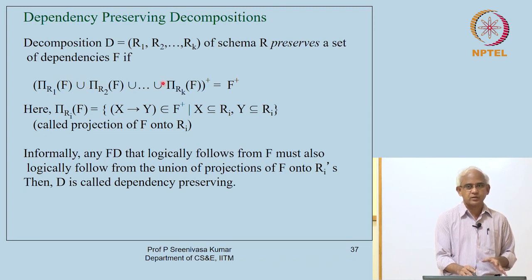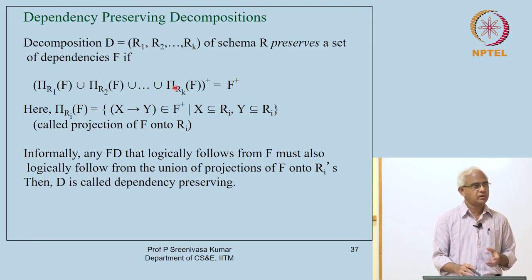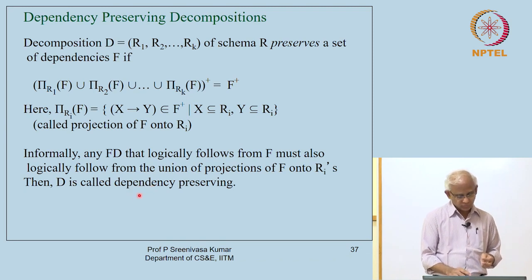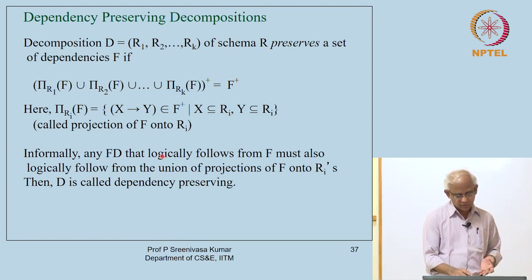If that is the case, then we call this a dependency preserving decomposition. So, I have written here that any FD that logically follows from F must also logically follow from the union of the projections of F onto each of these Ri's.